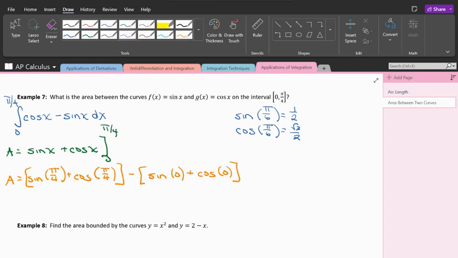So sine of pi over 4 is square root of 2 over 2. Cosine of pi over 4 is square root of 2 over 2. So we have square root of 2, minus sine of 0 is 0, cosine of 0 is 1. And so our area is the square root of 2 minus 1.